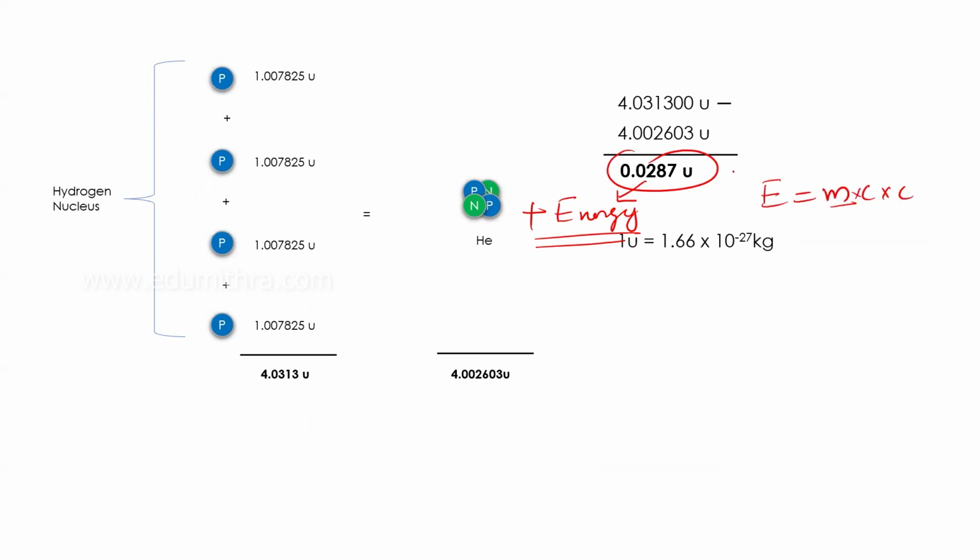You put that m here and multiply it with c, again with c, and you get an energy. That calculation is not as simple as this, you need to do some other mathematics. The simple idea is that the mass is being converted into energy. That is how energy generation in stars is happening.